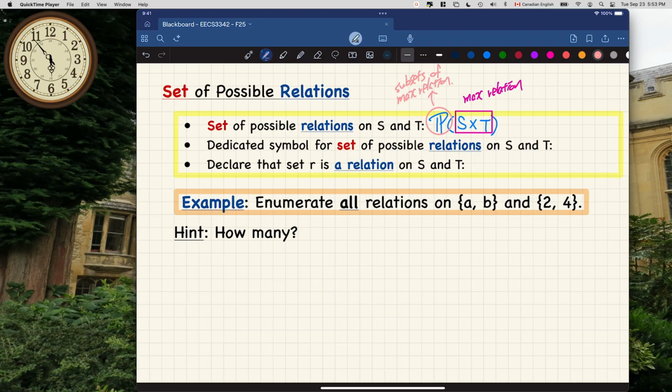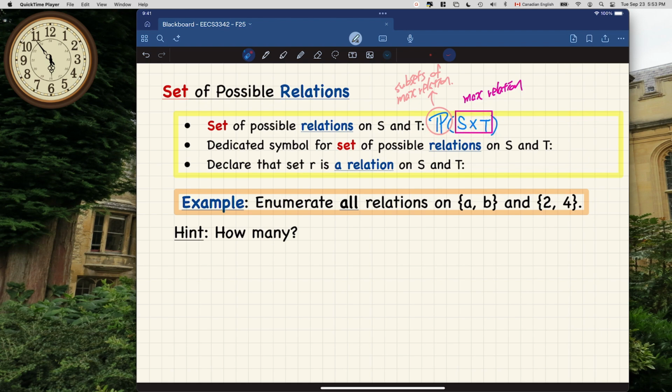Each one of them is going to be a subset, and each subset is itself a relation. So you collect them all together. The way to understand this expression is to think about S cross product T, that's the maximum relation you can get, and then every subset of it is just a relation itself.